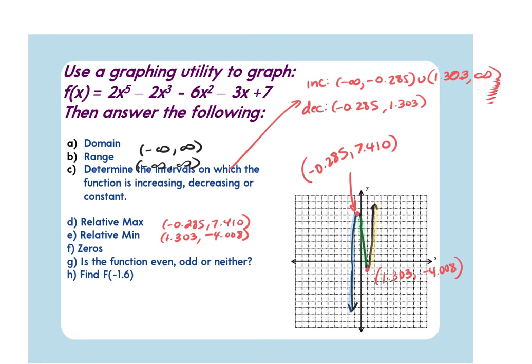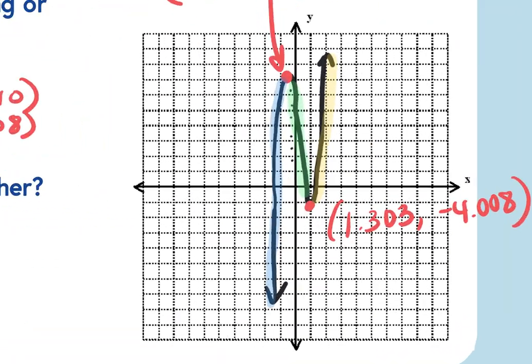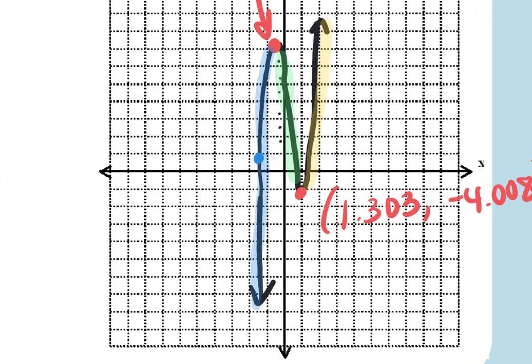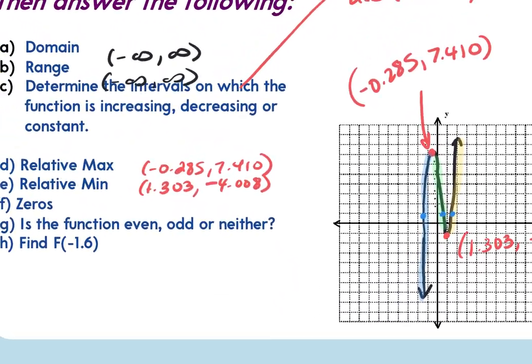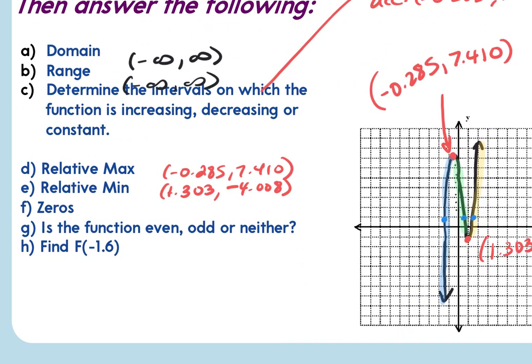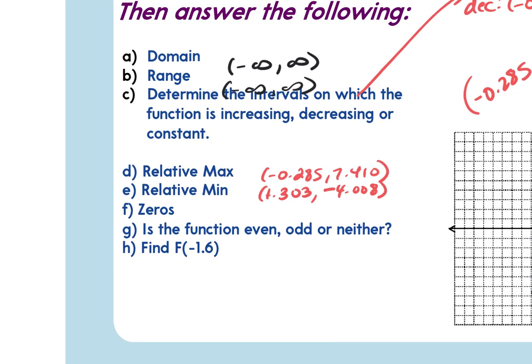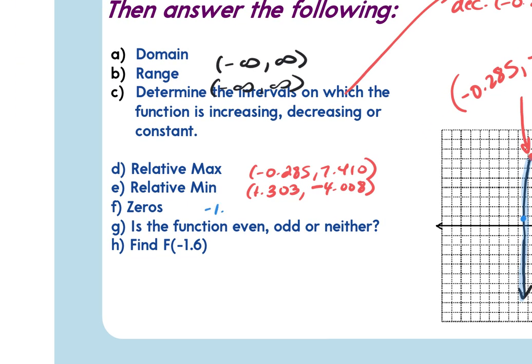Now I go to my zeros. So this is crossing my x-axis 3 times. Once here, once here, once here. You don't have to label these on your graph, okay? You could just get them, because I don't need them for later. So second trace, go to zero. But I do have to do it 3 times. So left of my first zero, right of my first zero, and then hit enter. And I get negative 1.218.